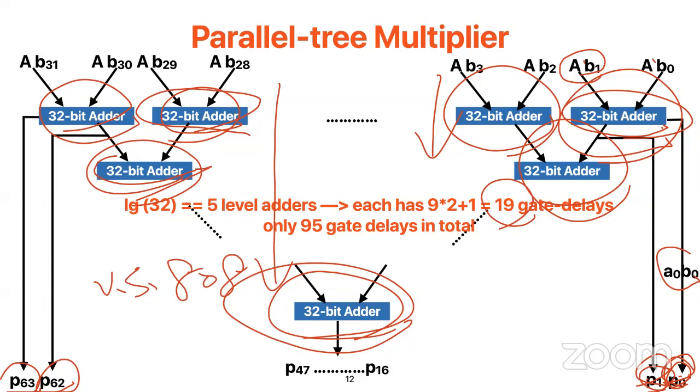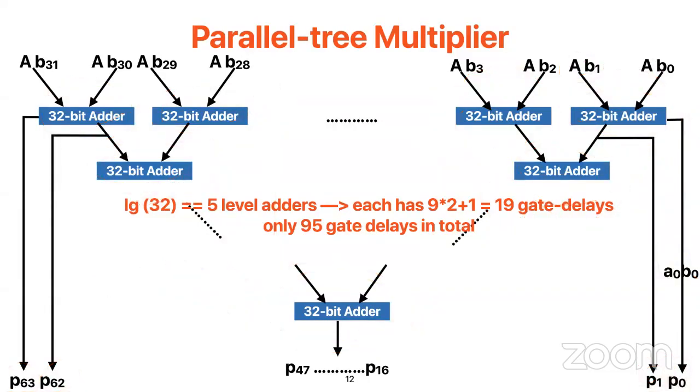All right, so these are the combinational parts. We have the traditional shift and add multipliers, we have the array style multipliers, and now there are parallel tree multipliers. The parallel tree multiplier consumes the most area because we basically need 32-bit adders.